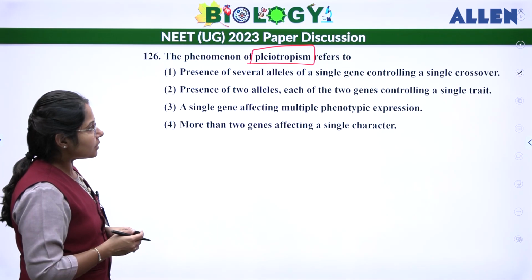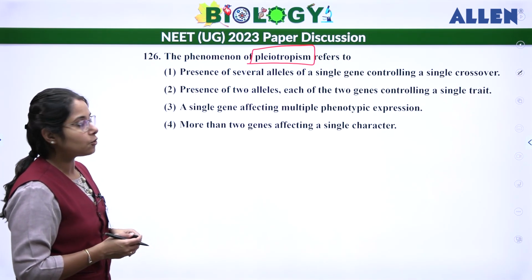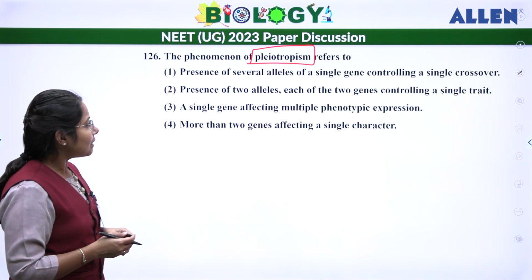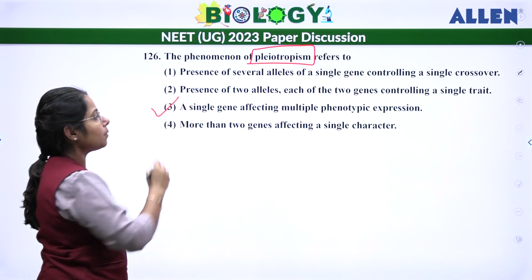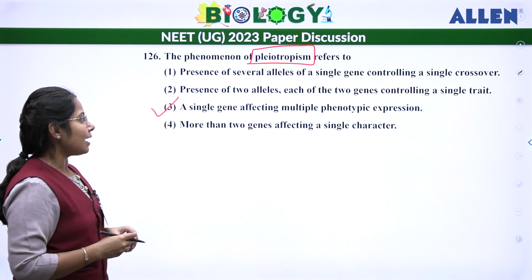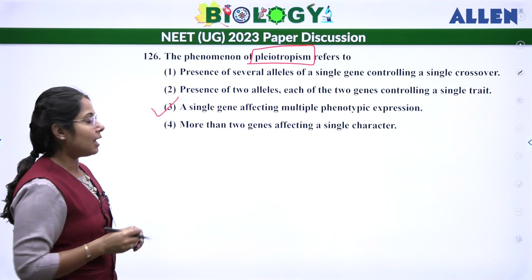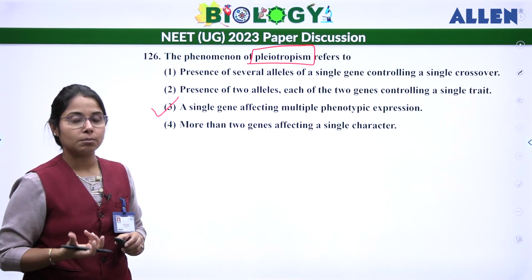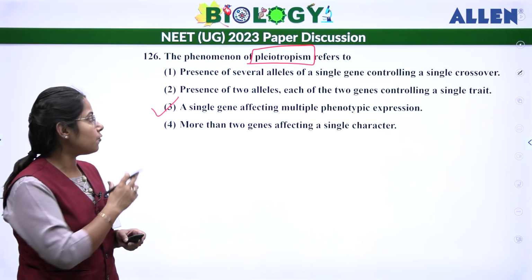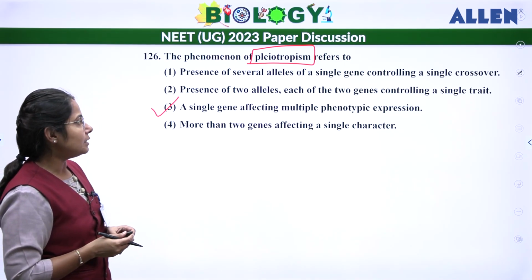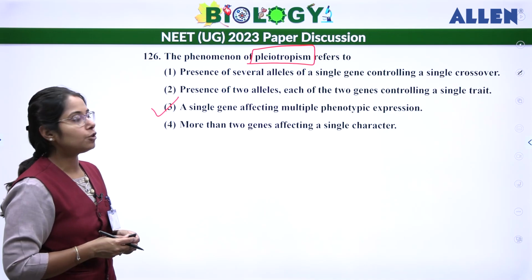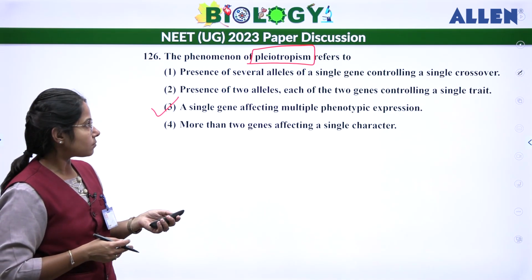Presence of 2 alleles, each of the 2 genes controlling a single trait. A single gene affecting multiple phenotypic expression, and more than 2 genes affecting a single character. The last option is polygenic inheritance. So the correct answer will be the third option, a single gene affecting multiple phenotypic expression.